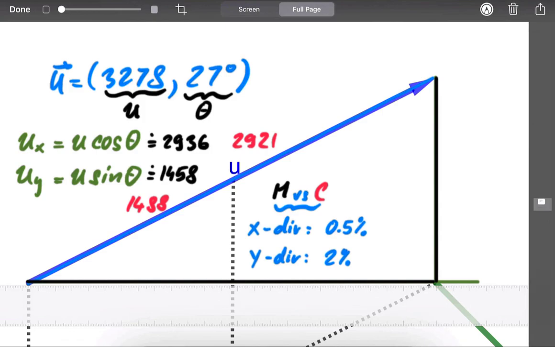So 1458 versus 1488, the relative difference is 2%, and here's why. When I designed this picture in GeoGebra, my choice was 30 units in x and 15 units in y direction. That's in Cartesian coordinates. Here it was in polar coordinates.